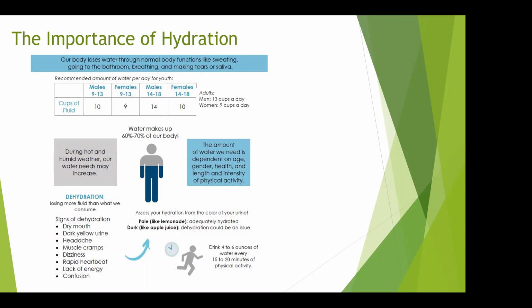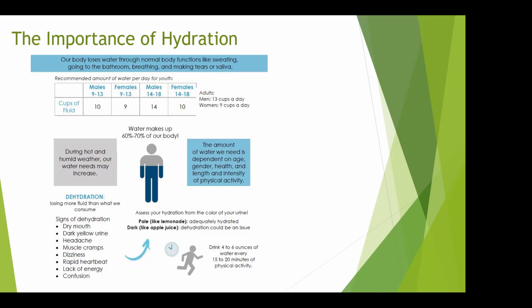And over on the left side, we've got some of the symptoms of dehydration. And these can appear very suddenly if we're engaging in physical activity. But things like dry mouth, our urine color, headache, muscle cramps, and more severe, we can get real dizzy, our heartbeat can speed up, get lethargic, lose our energy, and even get confused.